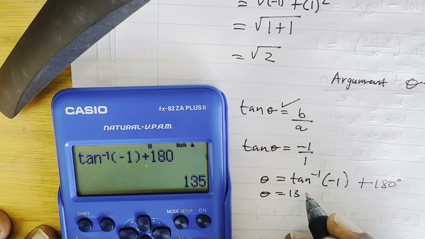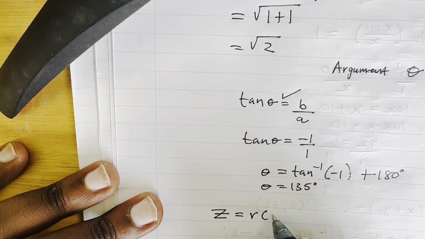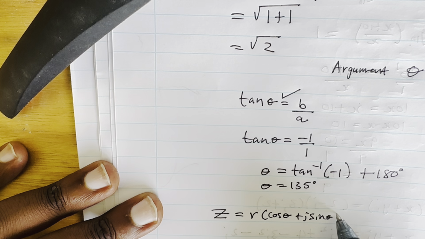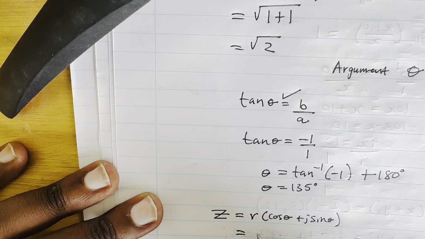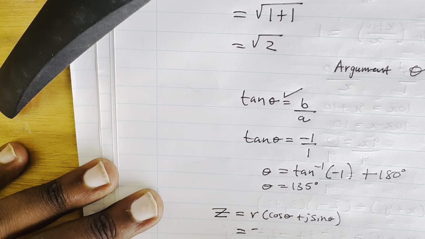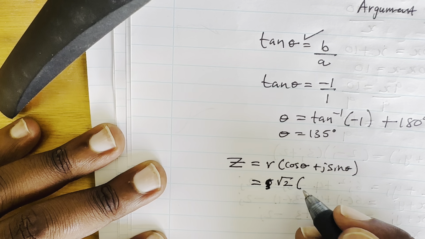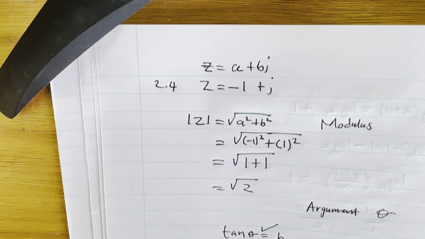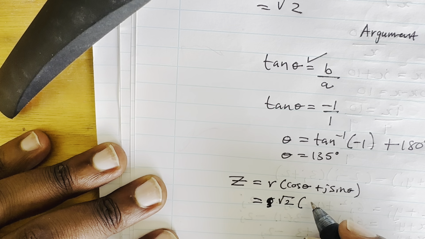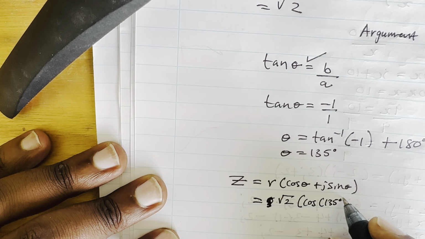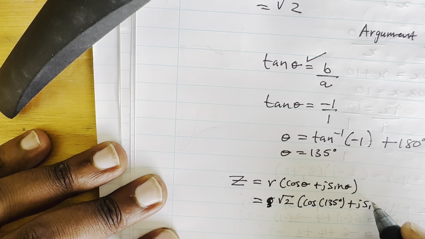Now we must express this in polar form. Our z is equal to r cos theta plus i sine theta. We're going to have root of 2, remember the modulus there, root of 2 into cos of 135 degrees plus i sine of 135 degrees.